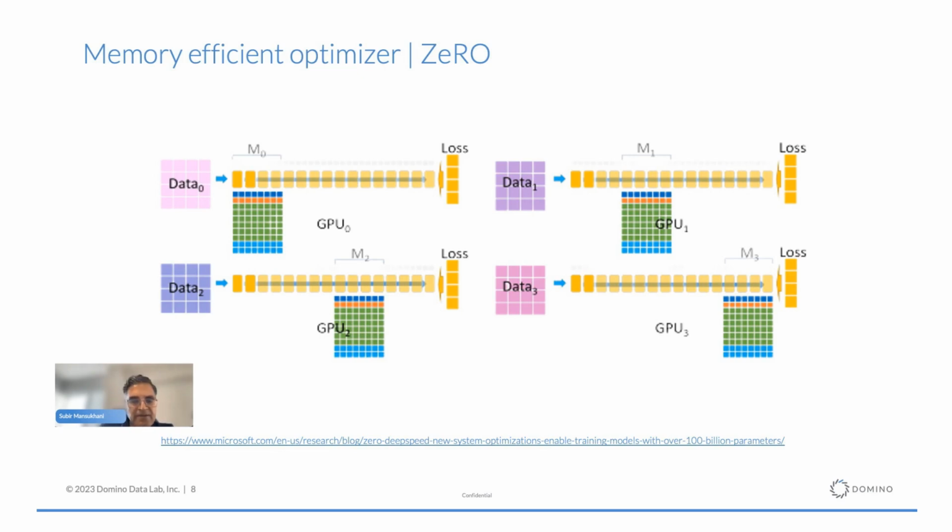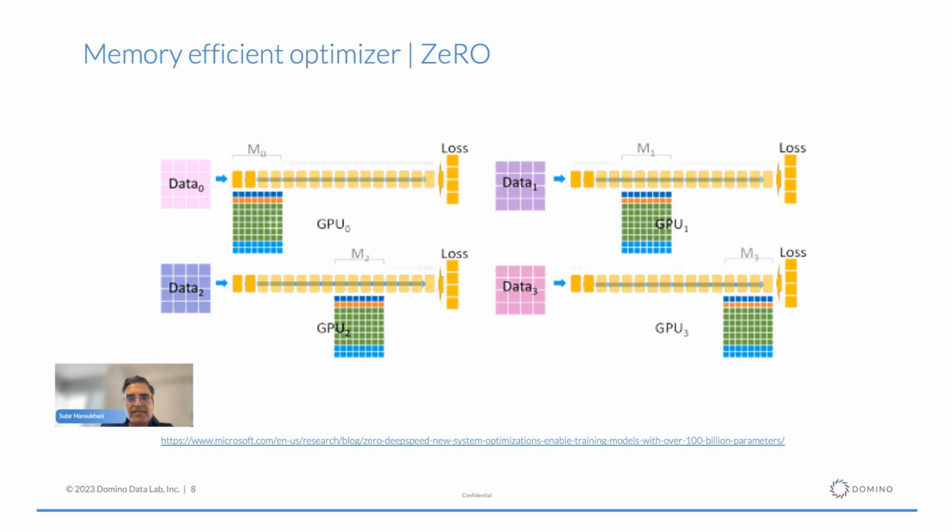If you don't have MPI, DeepSpeed also works with the NCCL backend that NVIDIA offers, which is the equivalent of MPI. So it's more or less, in some sense, platform agnostic. It works on different hardware platforms as well. And you get this ability to run and train your neural networks across multiple instances.